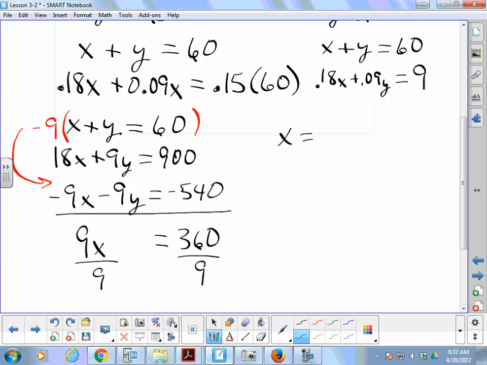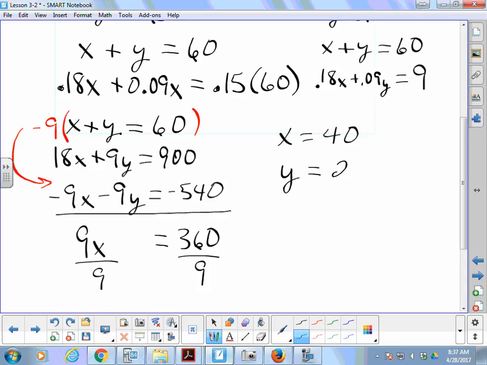So we get x equals, and what's 360 divided by 9? 40. So if x is 40, then y must be, no, x plus y is 60. So if x is 40, then y is 20.